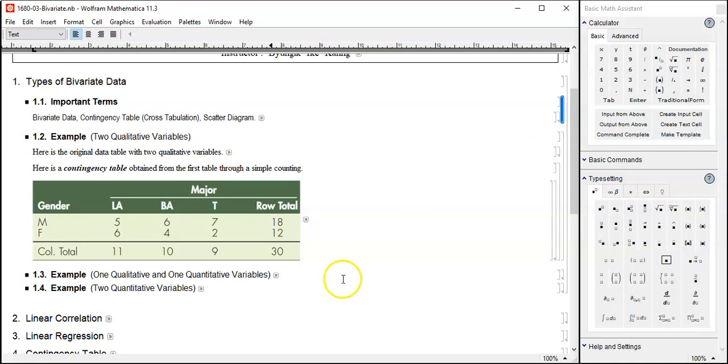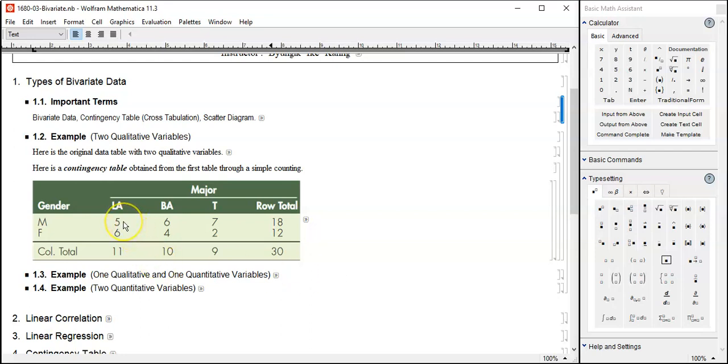Okay, here's the structure. We have two variables: gender goes to rows, and major goes to columns. So we have first row for male, second row for female, and three columns for liberal art, business, and technology majors.